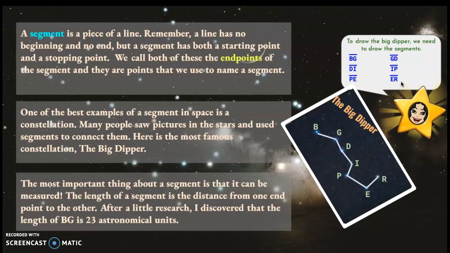It took me a long time. So I had to do a whole bunch of research, and I discovered that this segment right here, even though it looks like it's just about a half inch long on my computer screen, is actually 23 astronomical units long. I don't know what an astronomical unit is either, but we're going to guess that that's really big.